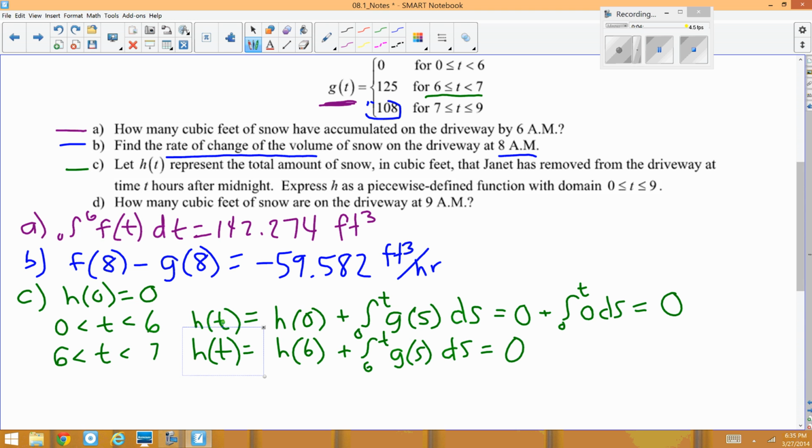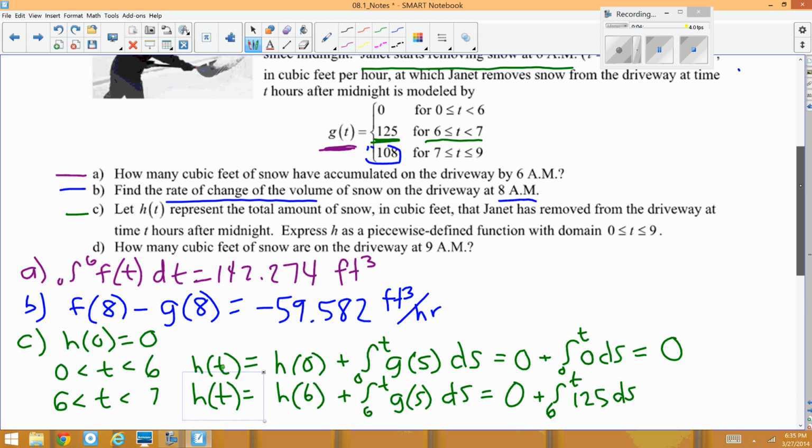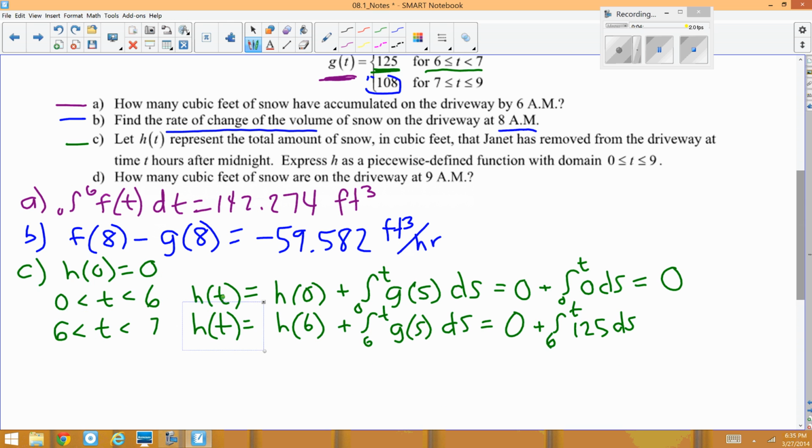She just started to remove it after 6 o'clock. And then we're going to integrate from 6 to t of 125 ds. And I'm getting that from right here. That's the rate at which she removes the snow. Integrate that, that would be 125 times t minus 125 times 6. So I'm just going to write it in this form.